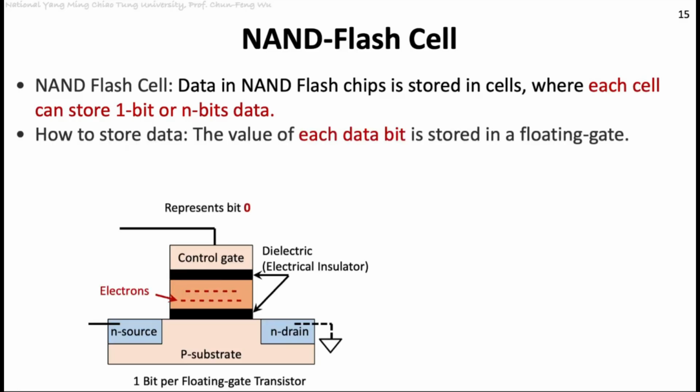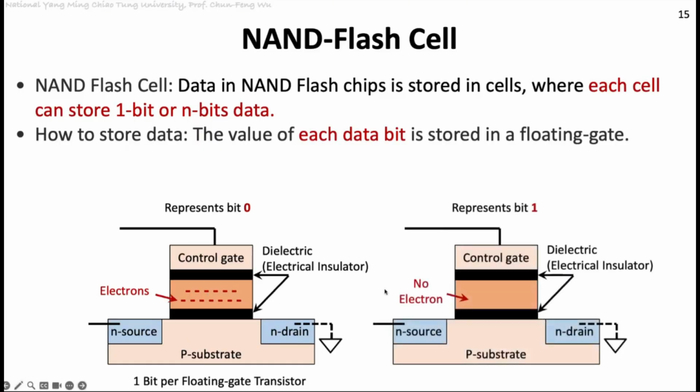So if there are electrons inside, then maybe we say it represents bit 0. And if there are very few electrons, or no electrons, then we say this is bit 1. For this structure, you don't need any electric field or electric power.